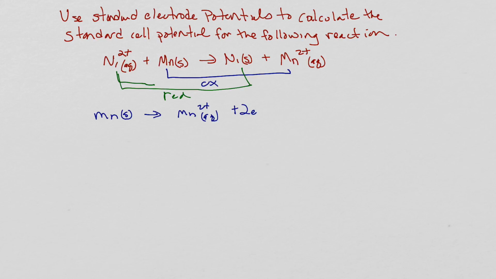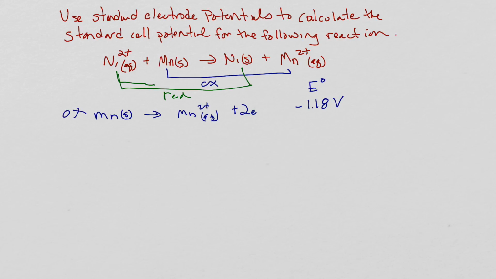If we look in our table, what you should find is that that particular reaction has a reduction potential of negative 1.18 volts. So this is our standard electrode potential. So this is my oxidation.